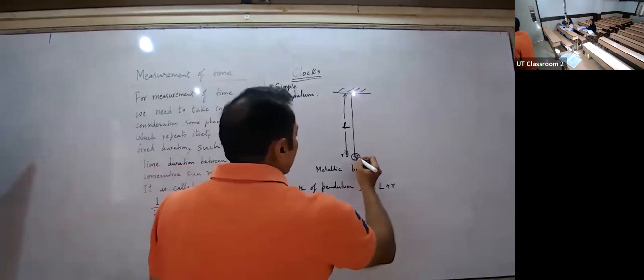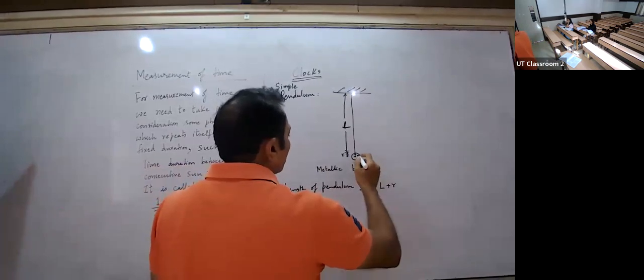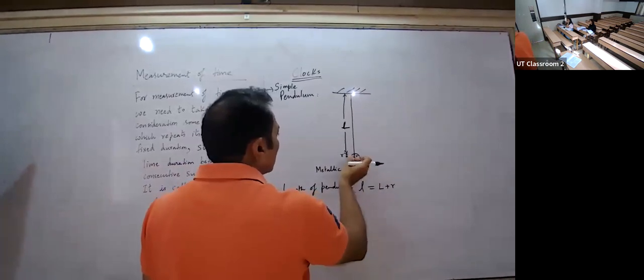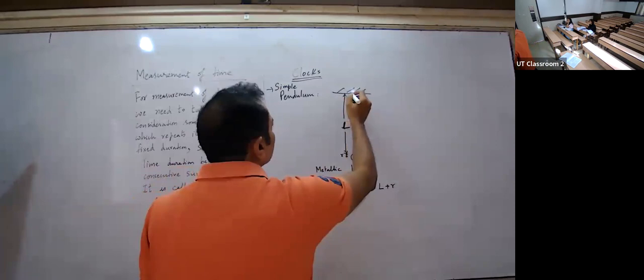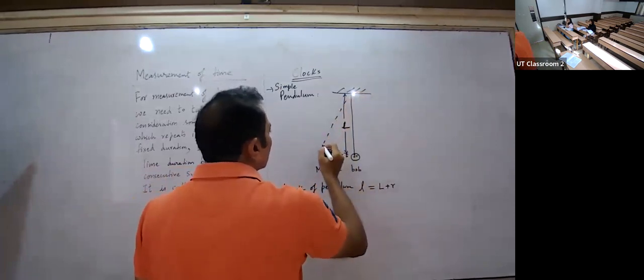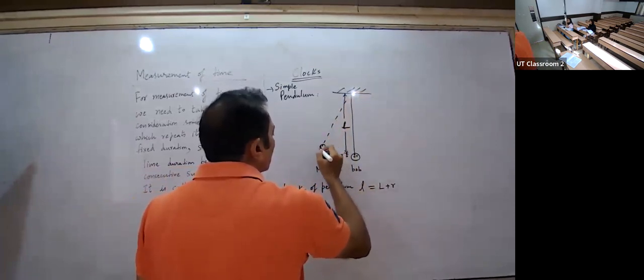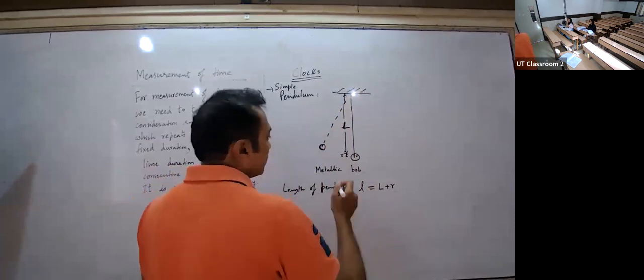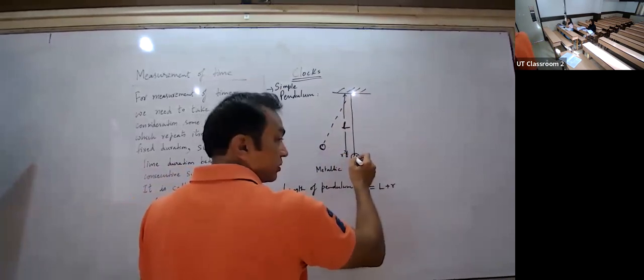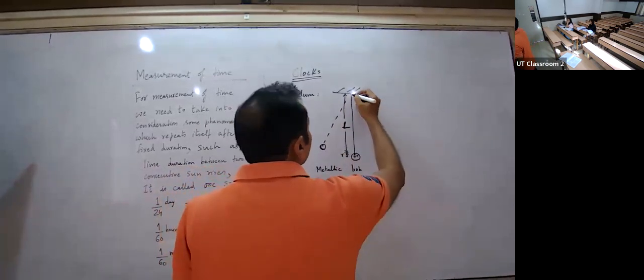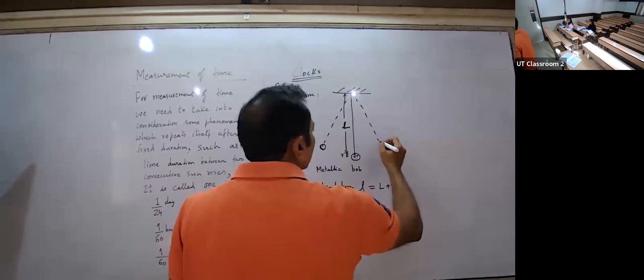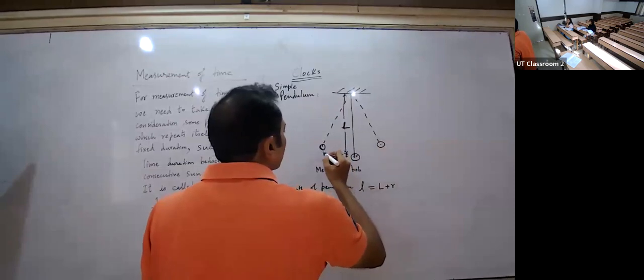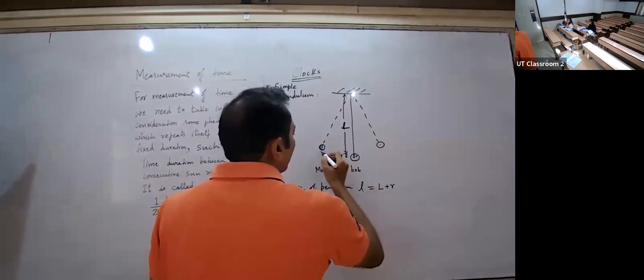So we can set this into oscillation, right? What we can do is take the ball to one side, stay here, and then release it. When you release it, it will not stop here. It will go further. What you see is a to and fro motion.